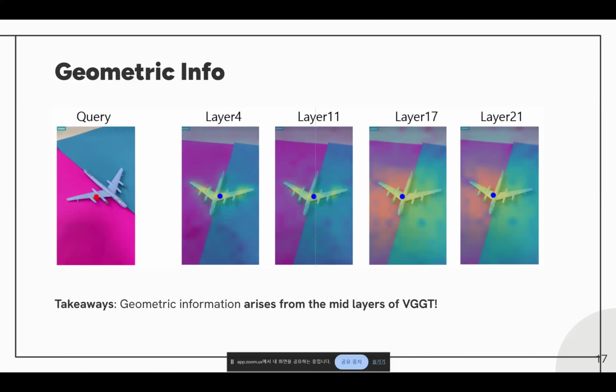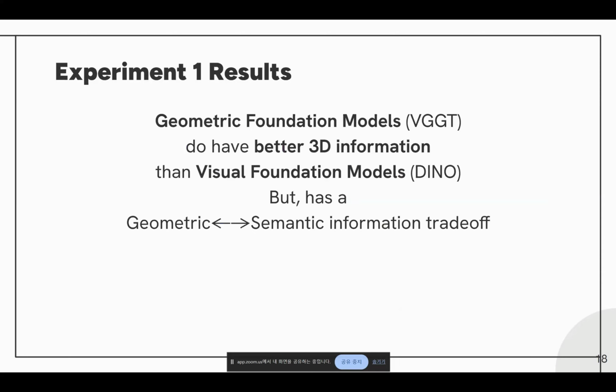As you can see, we queried on the right hand of the airplane, and in the early layers of VGGT, the most similar part was on the left side of the plane, showing less geometric information. However, in the later layers, you can see that the blue dot moves to the right side of the plane, which shows that the later layers of VGGT have much more geometric information.